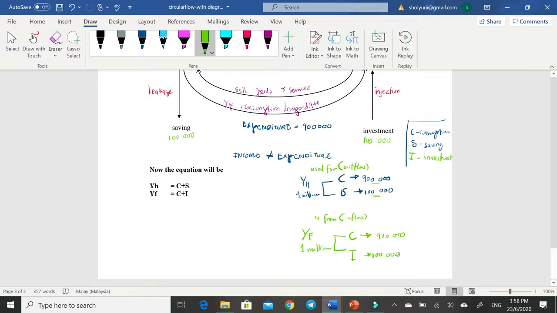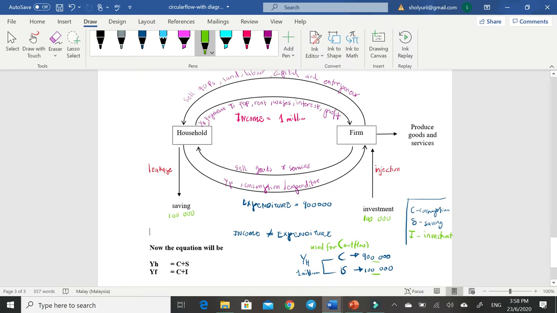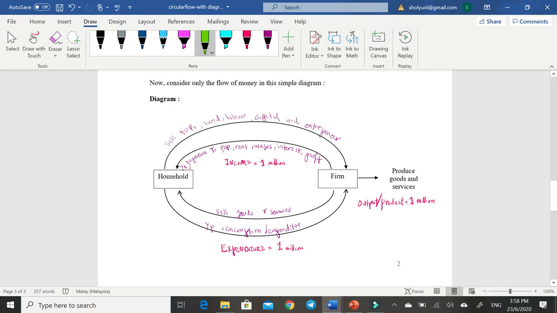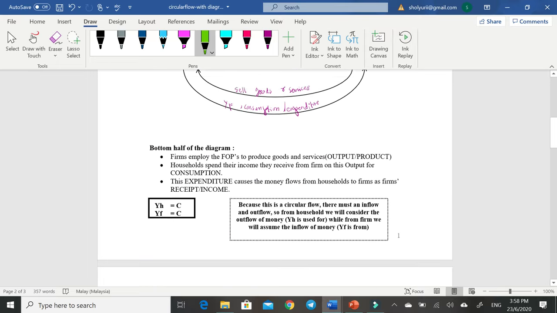Sebab itulah equation akan jadi YH equals to C plus S, YF equals to C plus I. Okay, so cuba hadamkan about circular flow for this teaching video.